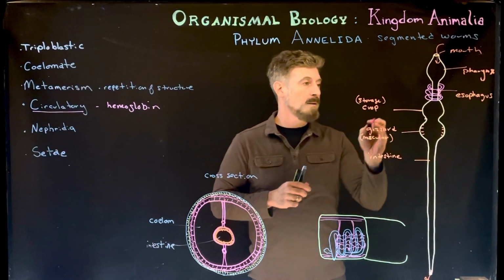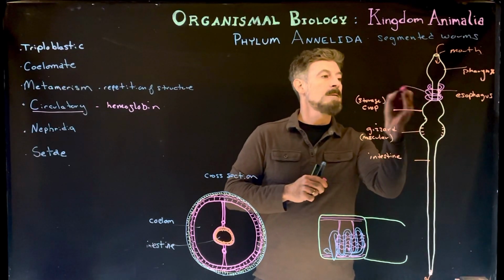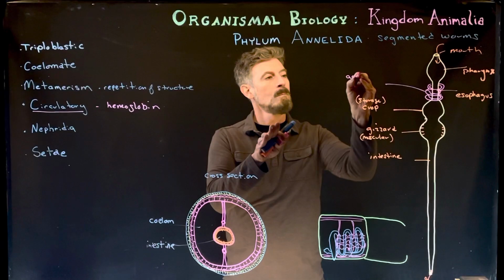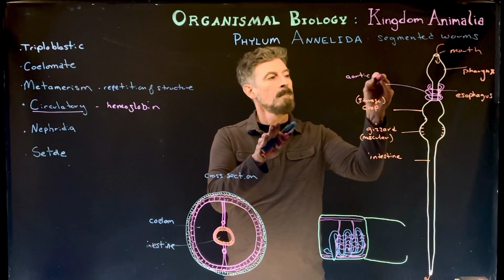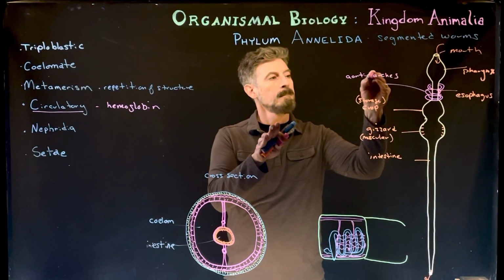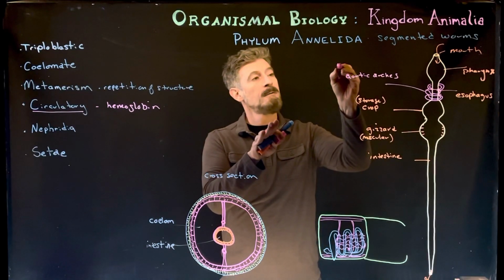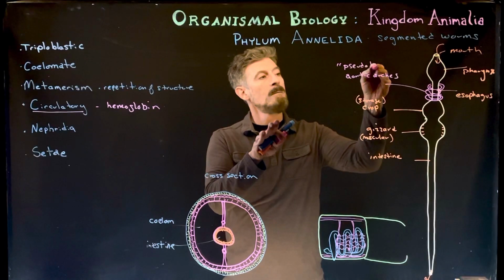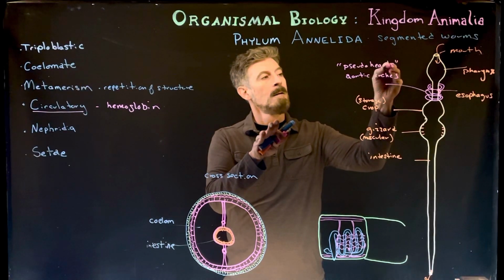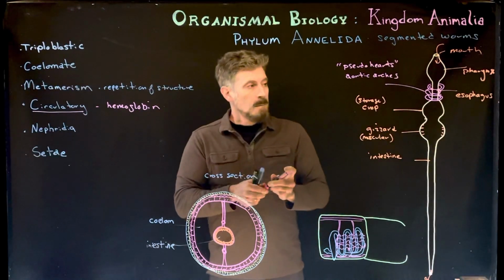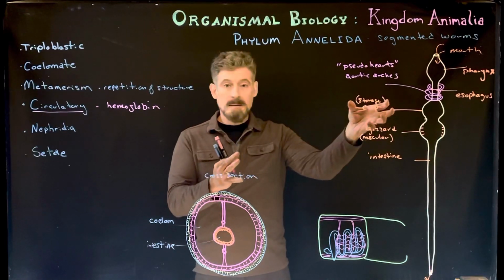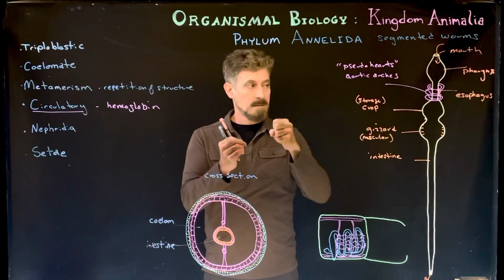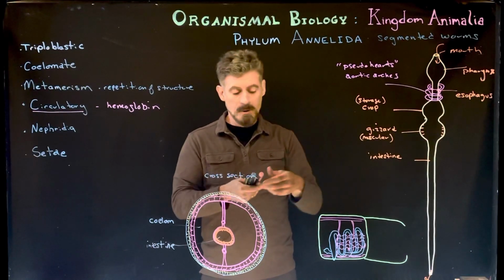These rings are often referred to as aortic arches, and another term for them is pseudo hearts, because they're tubes that wrap around the digestive tract, and then they contract, and they pump and push blood.